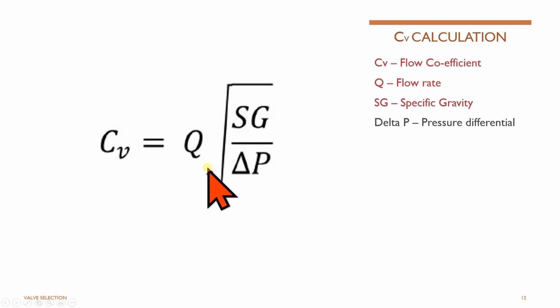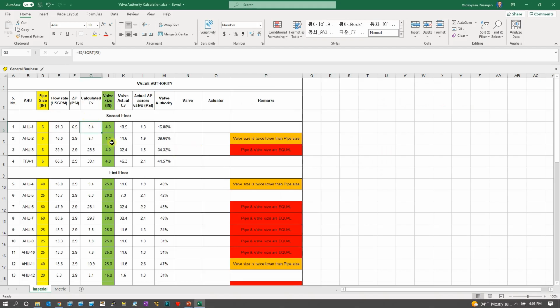So you know your flow, which is 21.3 in my case. Delta P is 6.5. So 1 divided by 6.5, the square root of it, multiplied by the flow, and what you see is your CV here, 8.4.